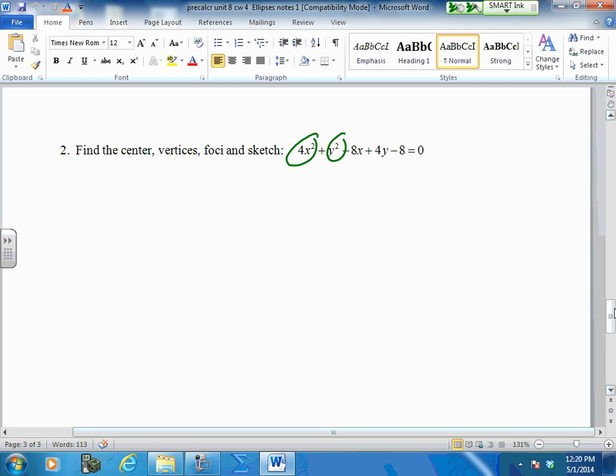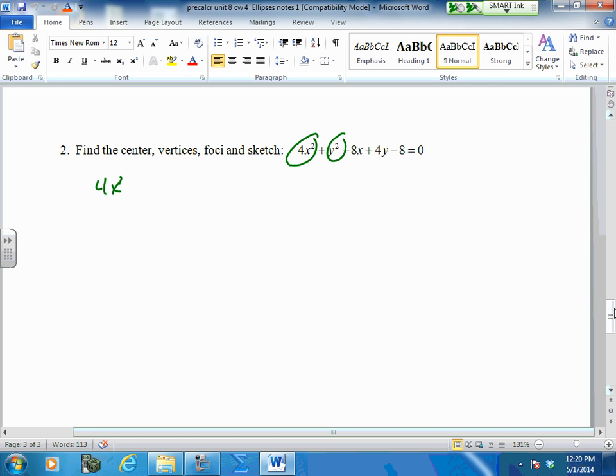I got a plus in between. But just like we did with your vertex where we completed the square, we have 2 squares to complete. So the first thing we're going to do is organize this together.